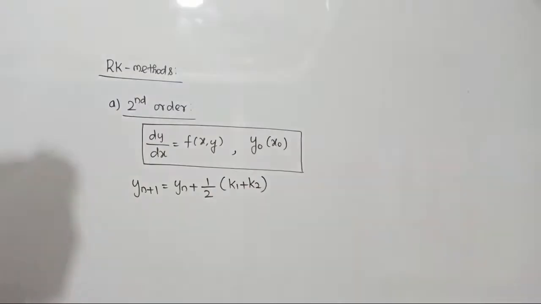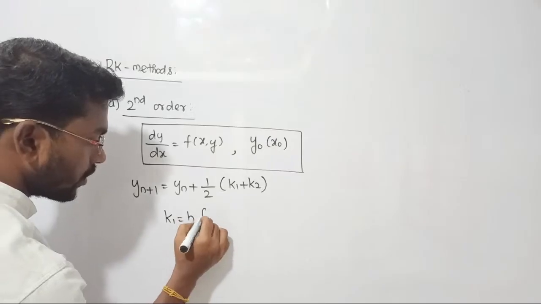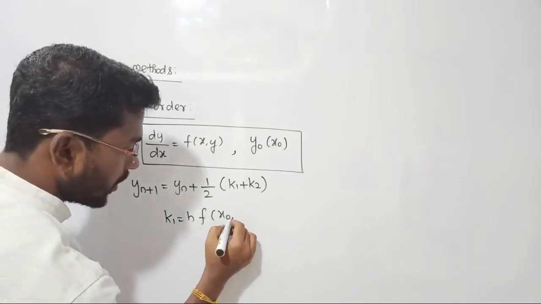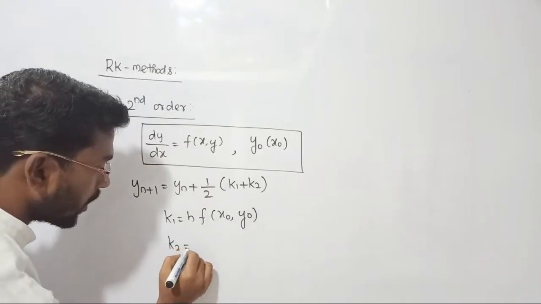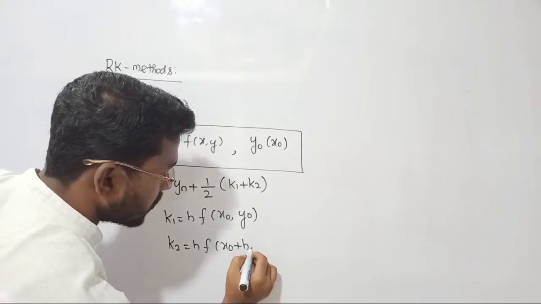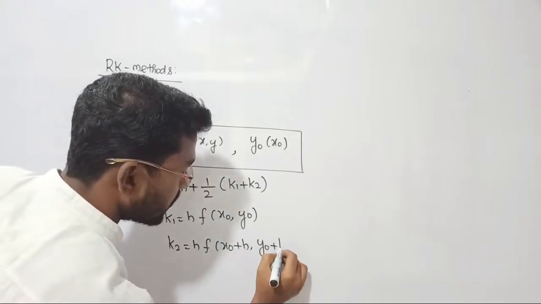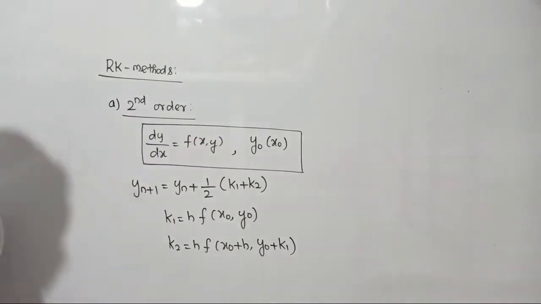Who are this k1 and k2? That's very simple. k1 is equal to h into f of x naught comma y naught, okay, and k2 is equal to h into f of x naught plus h comma y naught plus k1. Clear guys? While solving the problem automatically you will come to know, don't panic.